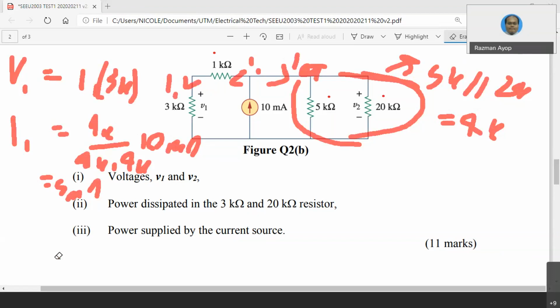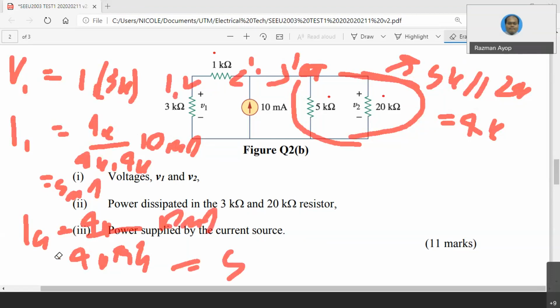IA is equal to 4K divided by 4K plus 4K, times 10 milliampere, so you get 5 milliampere. Then to get this current, you use current division again.